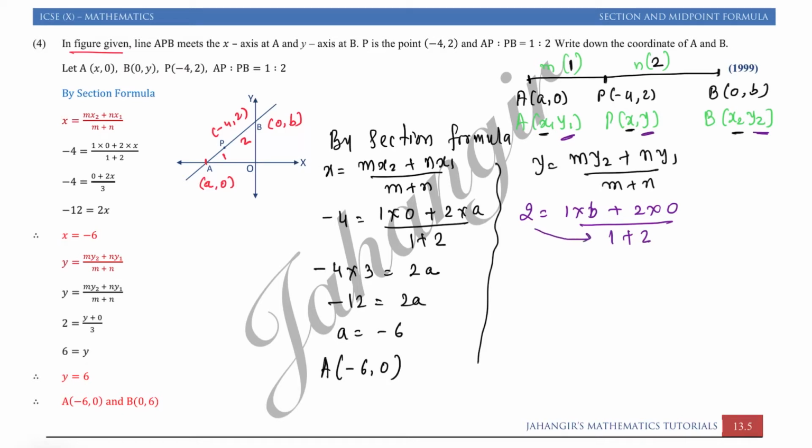So 2 into 3, that is 6. We'll just cross multiply, or you can write it down. 2 into 3 is equal to 1b plus 0. So plus 0, if you don't write, it's okay. So b is equal to 6. So therefore b's coordinate is 0 comma 6. So we got the coordinates of a and b.